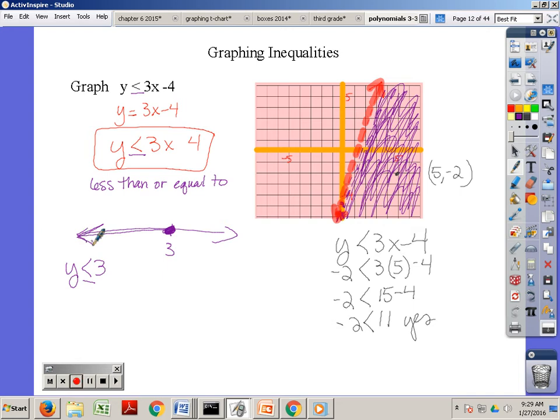So it's similar in that if it's underlined, it's a solid line. If it's not underlined, it's a dashed line. So you do not need to copy this screen down, but you do need to copy the next screen down.